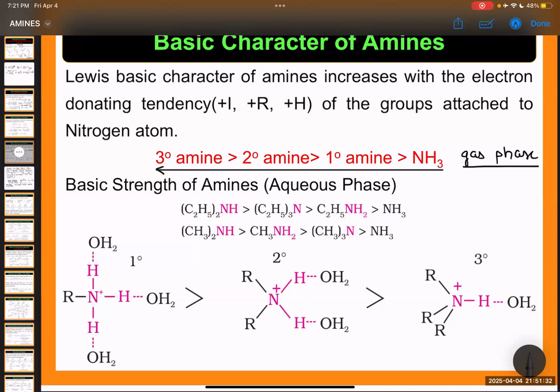But in water, in aqueous phase, the order actually got disturbed. And in water, the secondary amine with two groups is the most basic one. For methylamine, the order is secondary, primary, tertiary, and then ammonia.